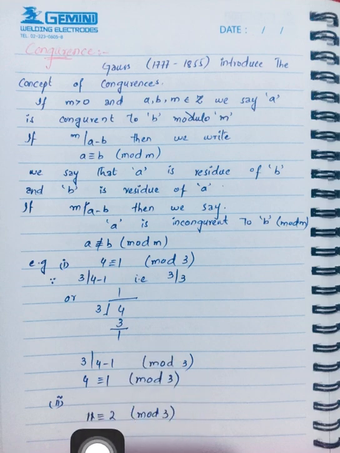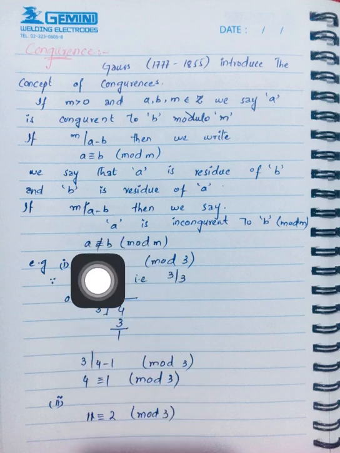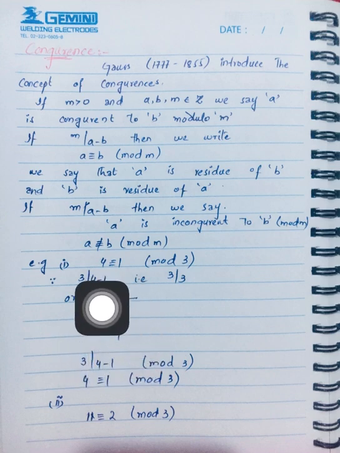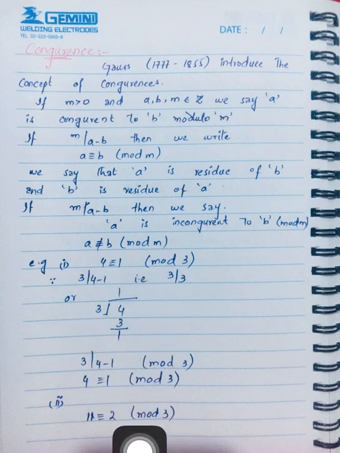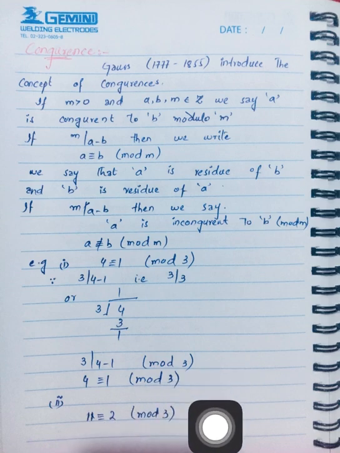Here is the other example, that 11 is congruent to 2 in modulo 3. Using the division method, I can say that 3 divides 11 minus 2. So 11 minus 2 is basically 9, which means 3 divides 9. This is a true statement.